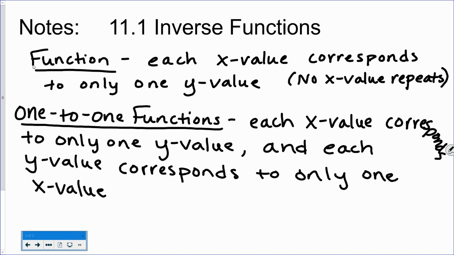So one-to-one must be a function, but it also must have a y value going to only one x. So to be a function, no x values repeat. To be a one-to-one function, no x or y values repeat.